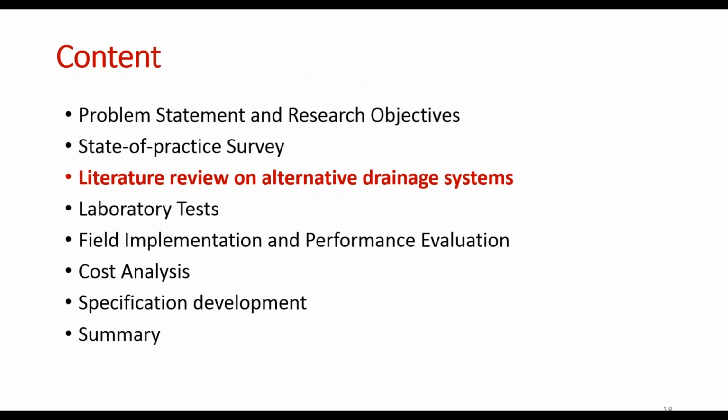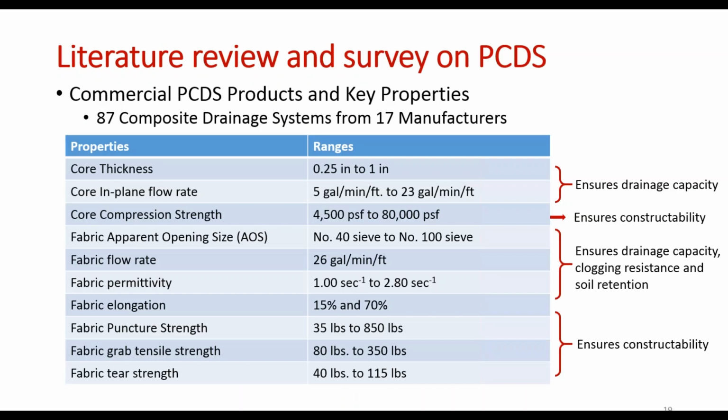So after that, we want to learn more about the alternative drainage system, but focus on the PCDS system. Here we reached out to different manufacturers, and in total we got 87 composite drainage systems from 17 manufacturers, and we believe that we covered the dominant products on the market.